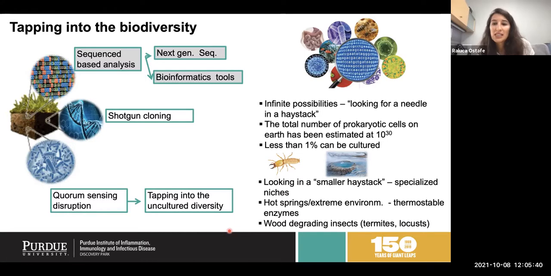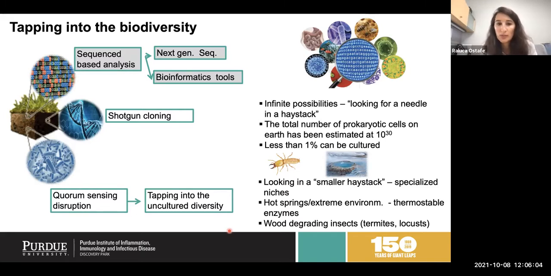If we are looking for a thermostable enzyme, we would probably start with microorganisms growing in hot springs. If we are looking for a wood-degrading enzyme, we would probably start from the microbiome of the gut of insects. In either case, a lot of people are focusing on metagenome and microbiome sequencing-based approaches.